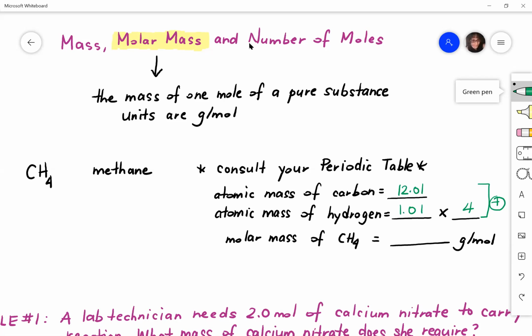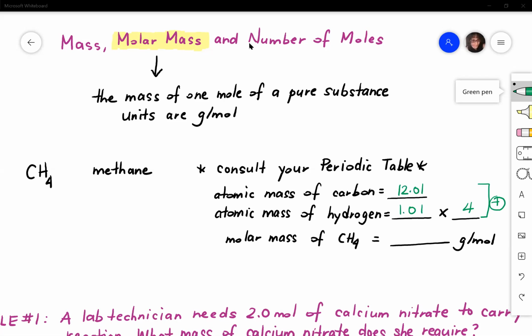So taking out your calculator, we are going to do a little bit of math here. We're going to do 12.01 plus, I'll put everything in a bracket for hydrogen, 1.01 multiplied by 4, close bracket, and that equals 16.05 grams per mole.